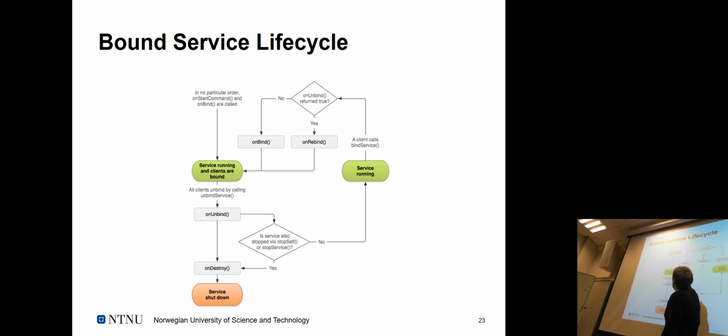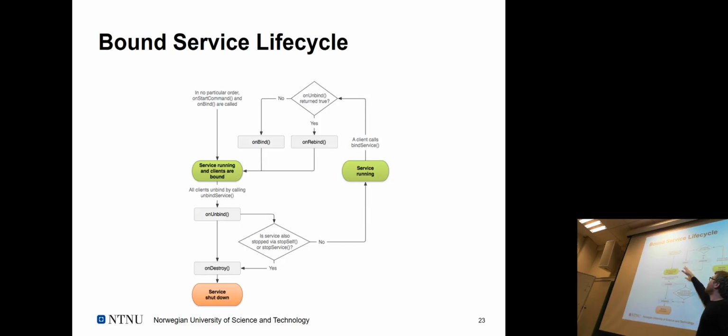And as long as individual clients are bound to that service, or potentially unbind but also rebind to that service, the service continues to exist. Only when the last client leaves the service, or when it stops itself, of course, since it has the same execution autonomy as the service concept itself, so either it can be stopped internally or externally, then it will shut down. So that's the key idea.